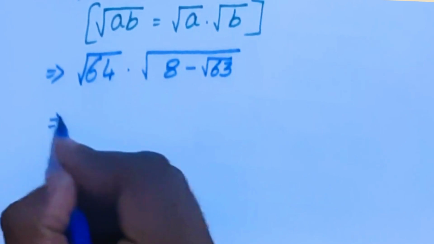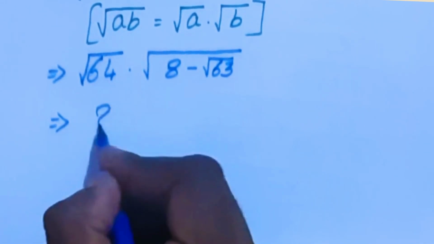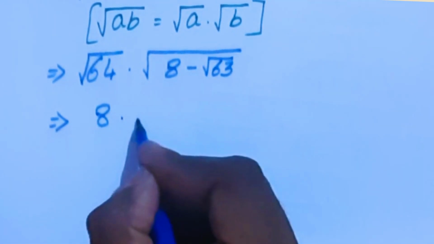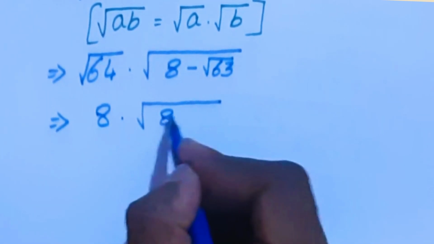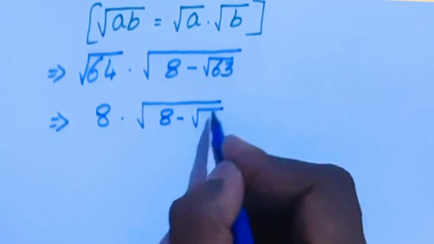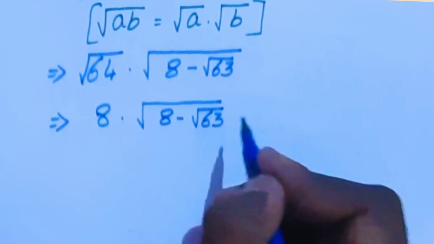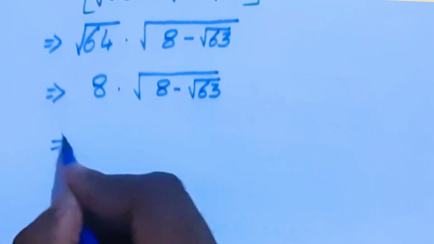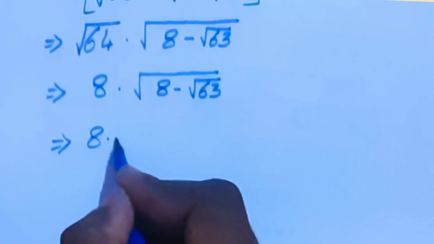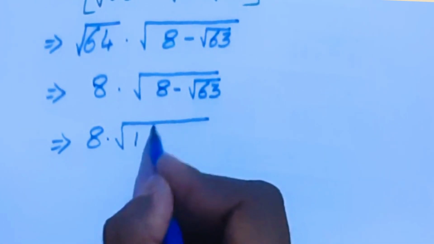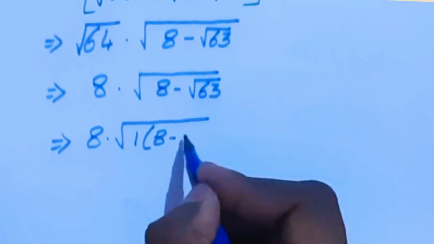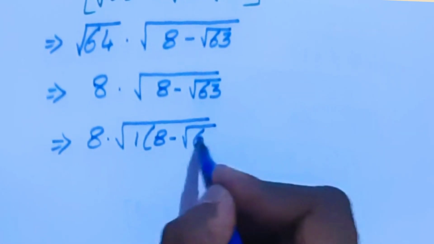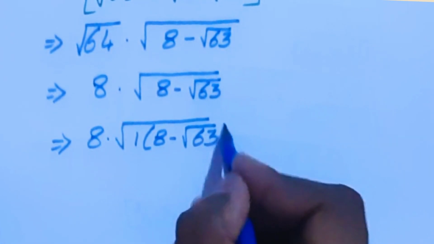Now square root of 64 is 8, times square root of 8 minus square root of 63. Now we are going to multiply this by 1 times 8 minus square root of 63.